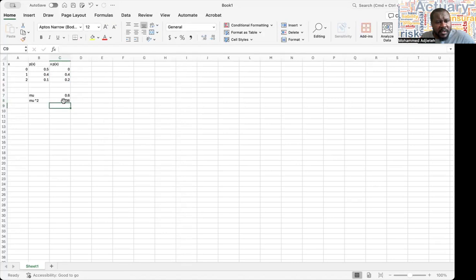I've been able to do that. Now the next thing I need is X squared. Where are my X's? These are my X's, so this equals that squared, and then I drag down. Now I need X squared multiplied by P of X.